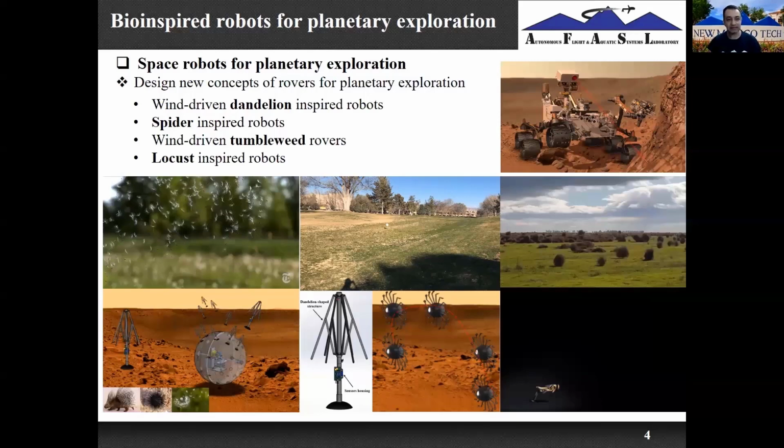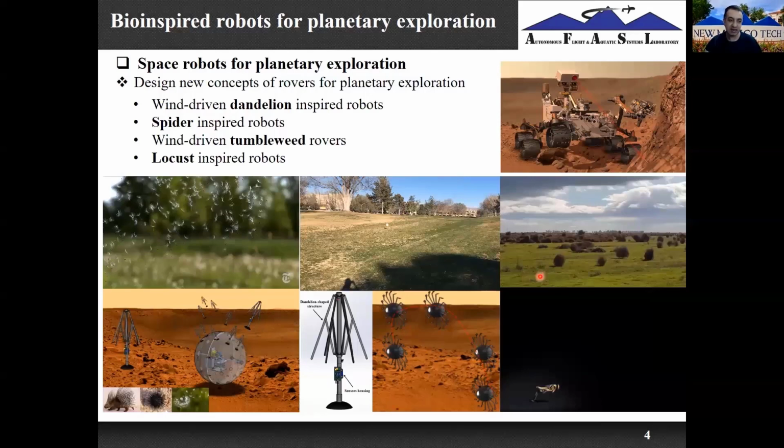Tumbleweeds are dried plants that can harvest energy from the wind, and they move based on the energy they receive from the wind. If we consider a circle, these tumbleweeds harvest energy and they can roll.